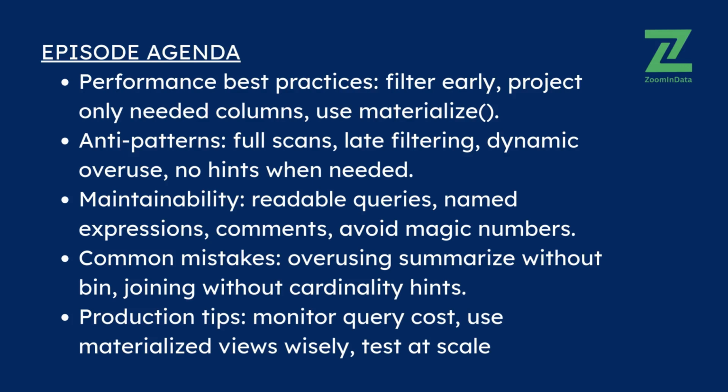Common mistakes: summarize without bin for time data, joining without cardinality hints. Production tips: monitor query cost and resources, use materialized views wisely, always test queries at realistic scale. This episode is about turning good queries into great ones. Let's dive in.